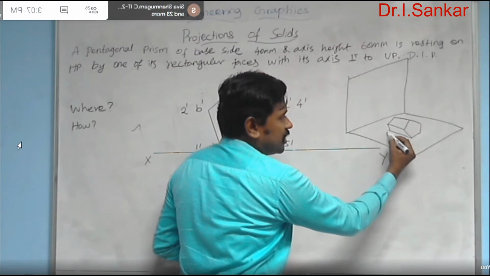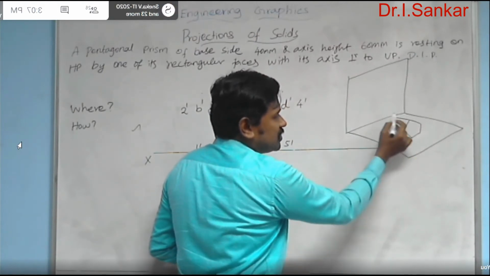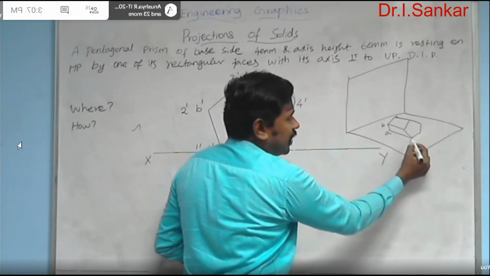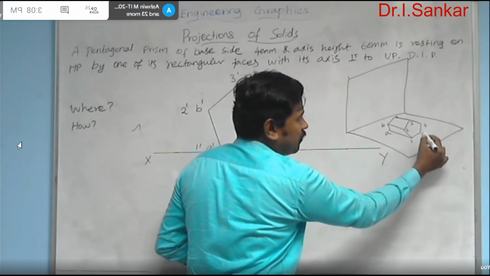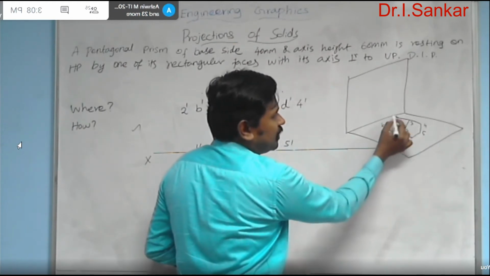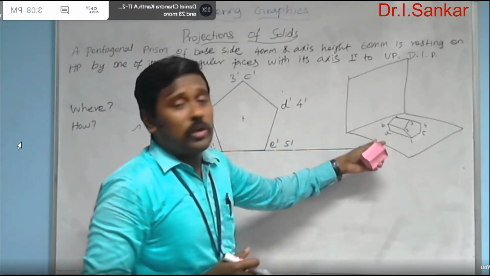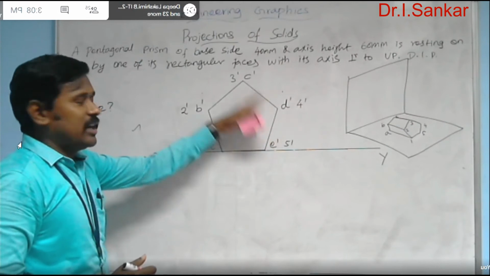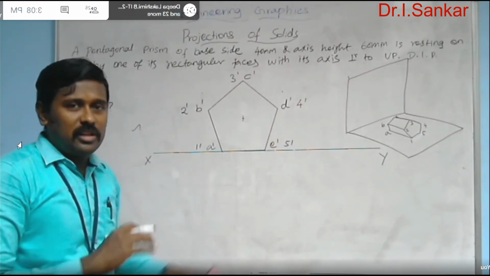I am considering the pentagonal surface nearer to VP as base and the one far away from VP as face. So it is 1, 2, 3, 4, 5 and they are A, B, C, D and E. In the front view, some numerals and alphabets are in visible condition and some are in invisible condition.